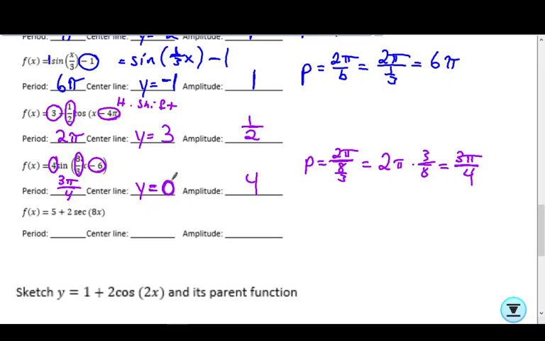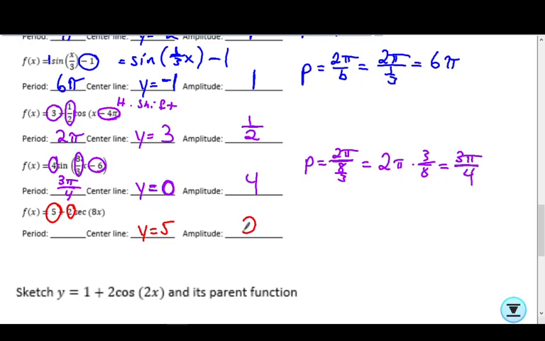And the last one. So this 5 right here, that is my vertical shift. So that's where my center line is, at y equals 5. This 2 right here, that represents my new amplitude.